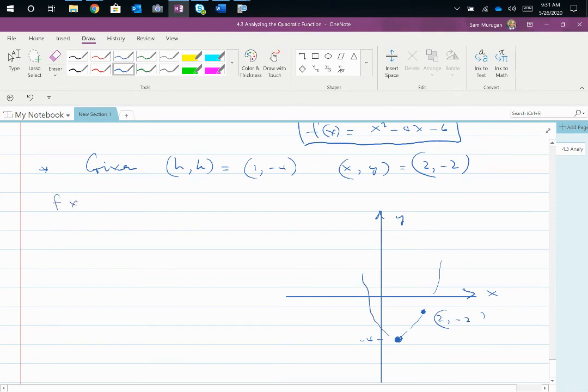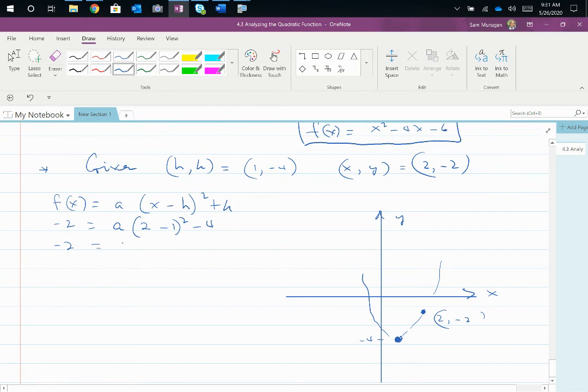f of x is equal to a times (x minus h) squared plus k. I'm going to make my substitution. So f of x here is negative 2 is equal to a. x is 2 minus 1 squared, and the k value is negative 4. So this is negative 2.